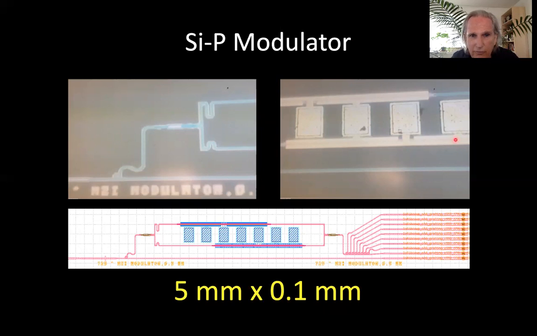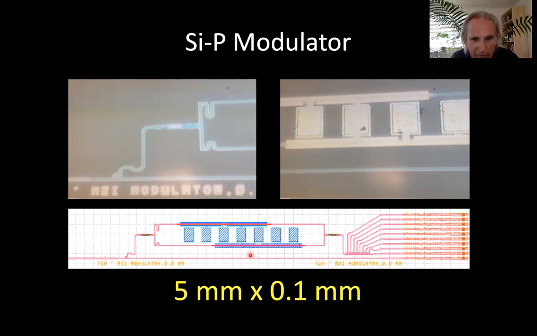This is a picture looking down on the top of the electrodes. And this whole device is something like 5 millimeters by, in this dimension, something like 100 microns, would be this picture. These are all test structures. The modulator itself would have input here and output here. Here we're splitting everything so that we could test the modulator.